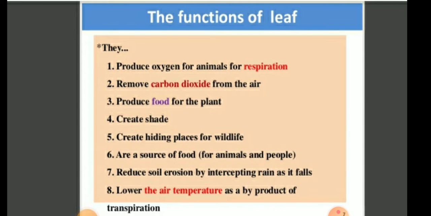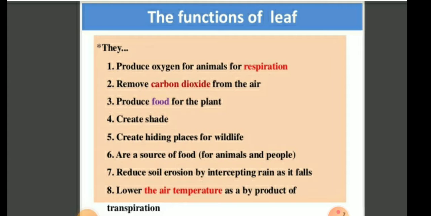Children, so what are the functions of the leaf? The main function of the leaf is to produce oxygen for animals for their respiration process and remove carbon dioxide from the air.